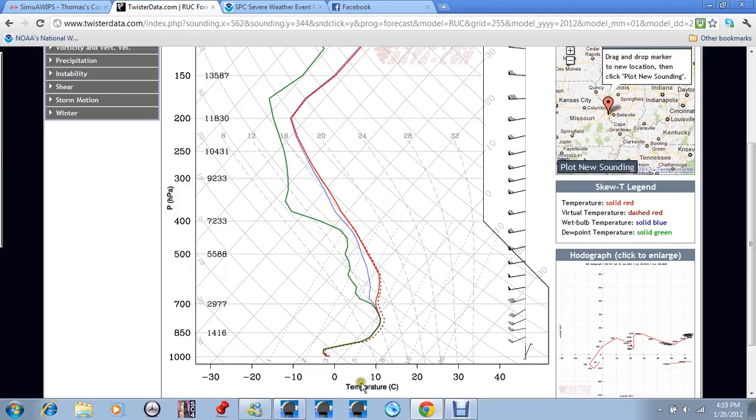This bottom row right here is the temperature from negative 30 degrees Celsius to 40 degrees Celsius. This left-hand side here is your pressure or your height, your altitude. Starting at 1,000, this is actually the real surface, 1,013 hectopascals, or millibars. But in St. Louis, it's around 1,000 millibars.